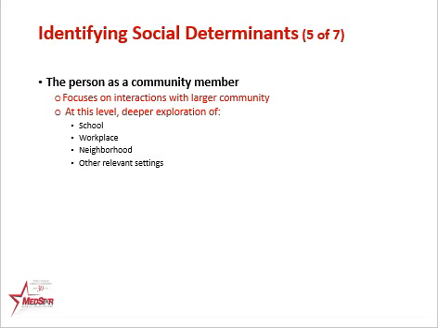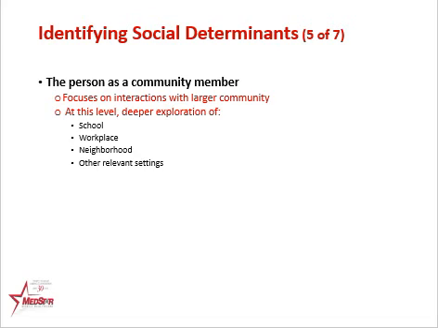When we talk about the person as a community member, this dimension focuses on the person's interaction with the larger community. This information is also collected during the patient's needs assessment, in contrast with information about the community.